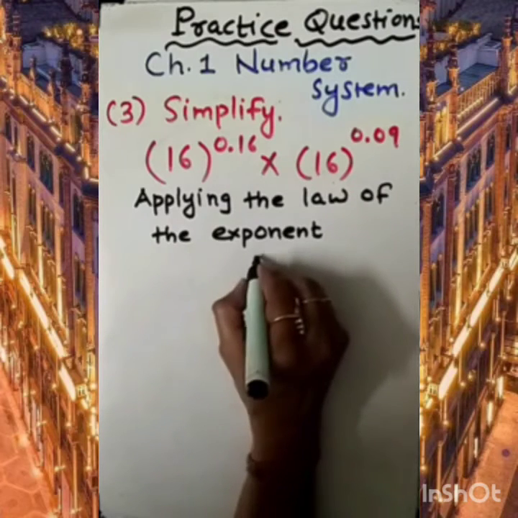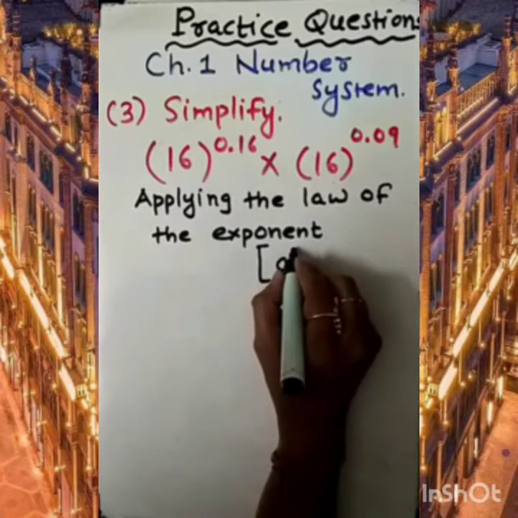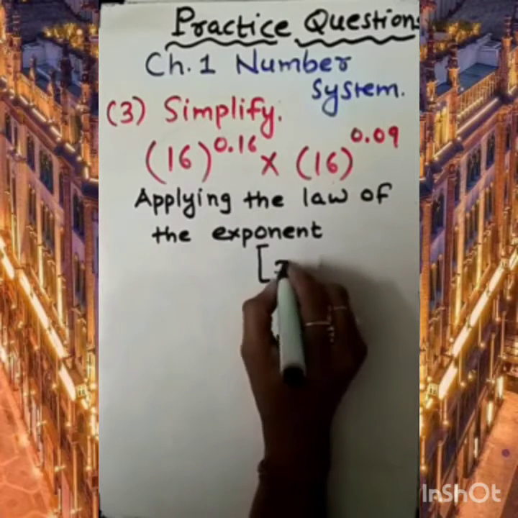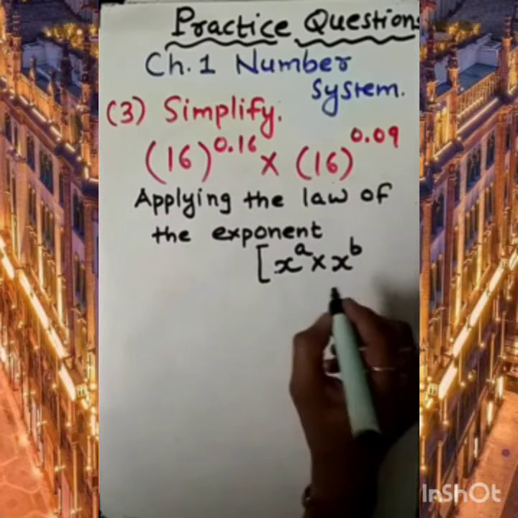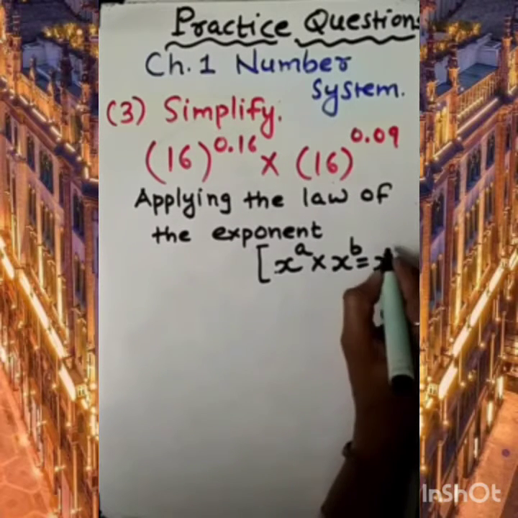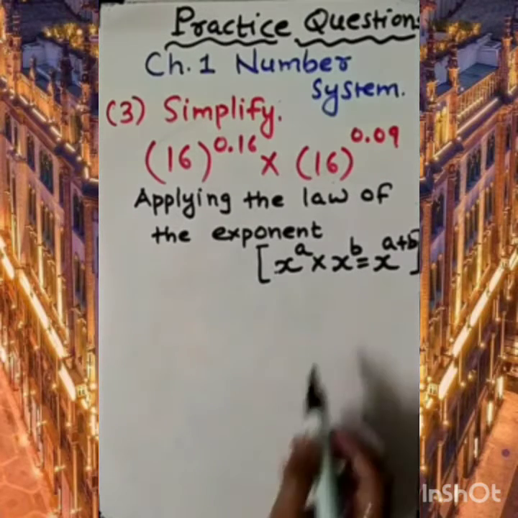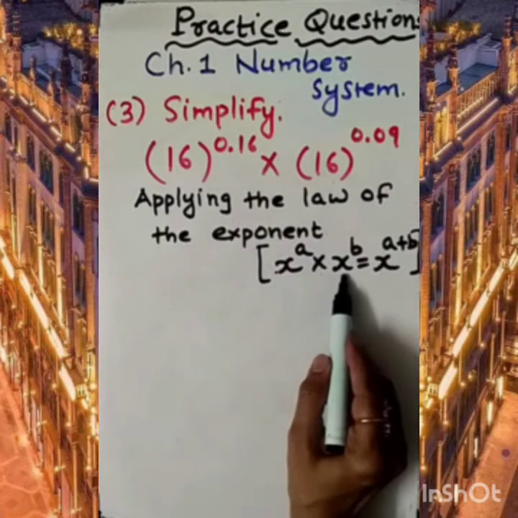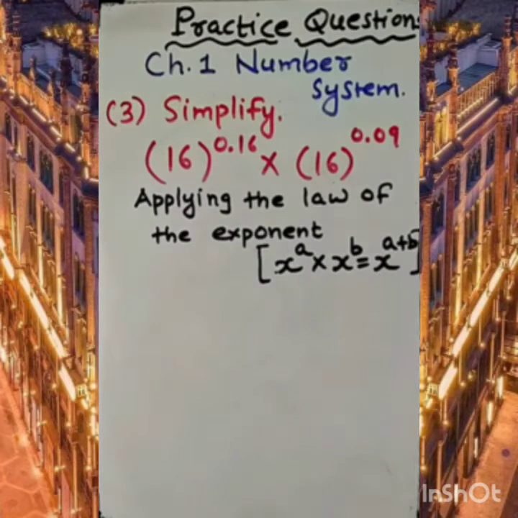It says x to the power a, suppose x is a base, and x to the power b. So we know that x to the power a plus b is the law of exponent. Whenever the base is similar and there is multiplication, the powers will be added. Same law of exponent we are going to use here.